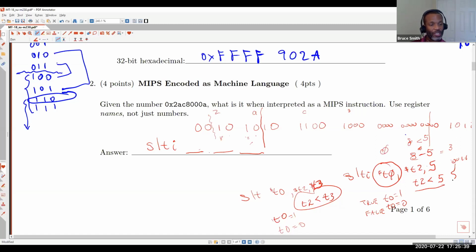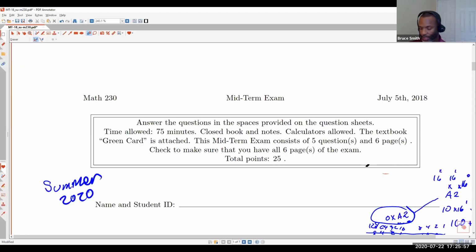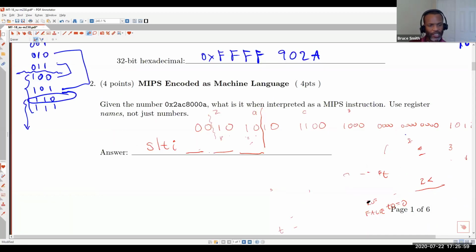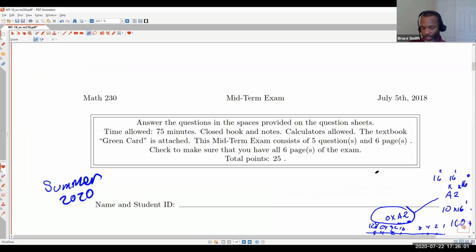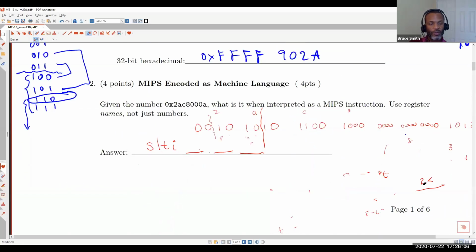Again, it's just taking the most significant bit of that subtraction and placing it into T0. That's the brief summary of what set on less than is doing. Ultimately, you're just looking to see if one register is less than either another register or a particular value.